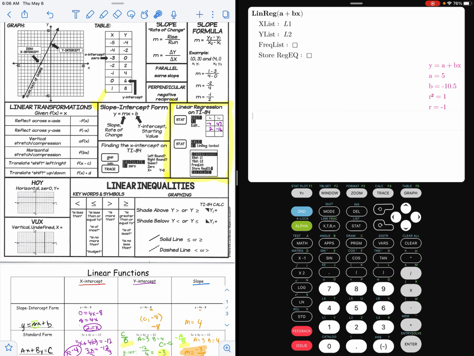Now notice the form in the calculator gives you A plus BX, meaning the B is the slope and the A is the y-intercept. That's what's different about this form. But that's okay, because we just noticed that the slope is negative 10.5 and the y-intercept is 5.